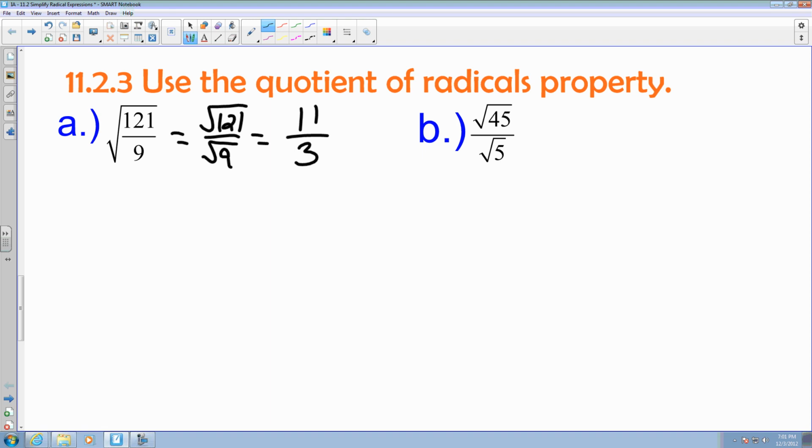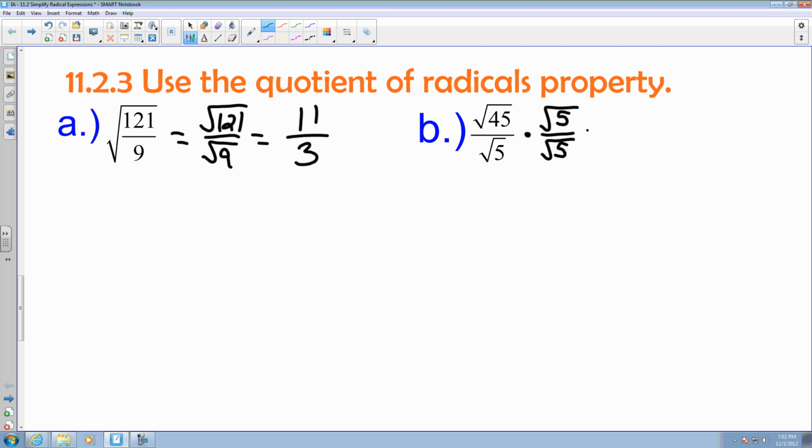And so now I have the square root of 45 divided by the square root of 5. Now, I don't want to have a square root in the denominator, so what I'm going to do is first multiply both the numerator and the denominator by the square root of 5.